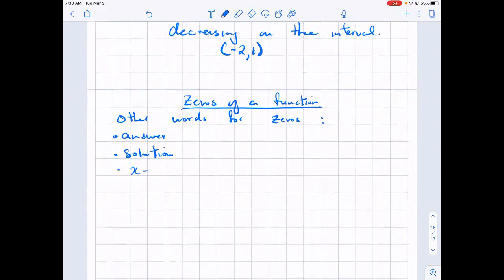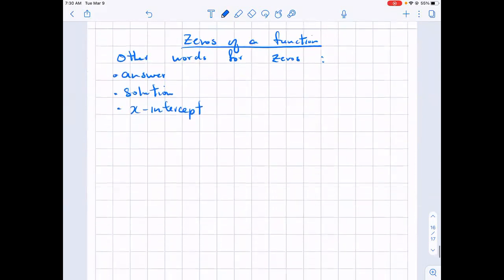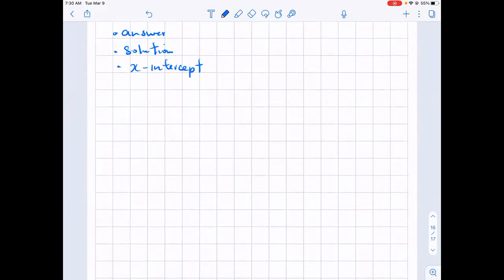We can think of this as the x-intercept. So when someone asks you to find the zeros, they're really just asking you to find the answer.